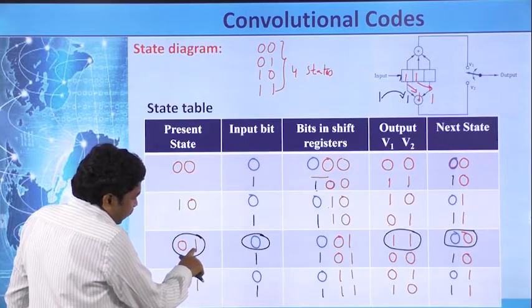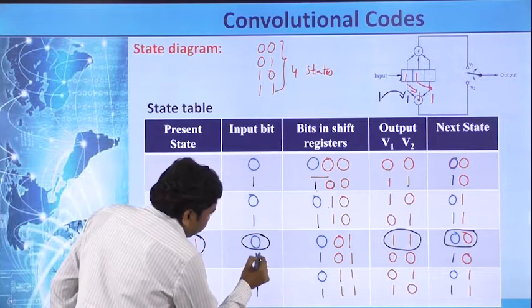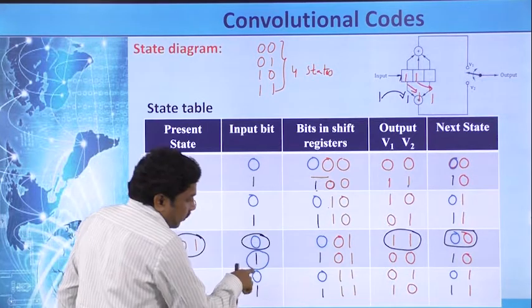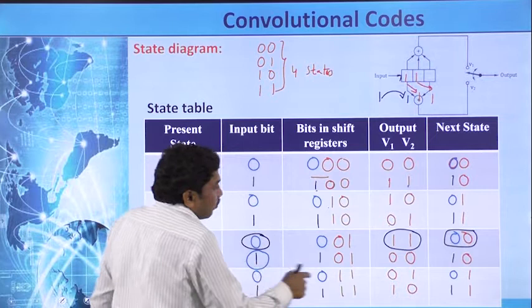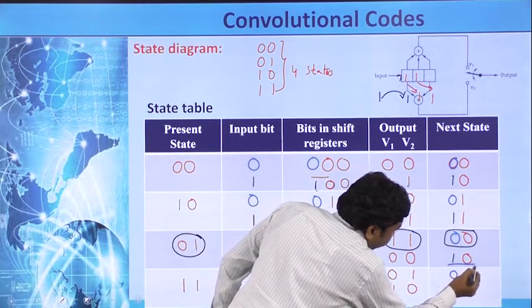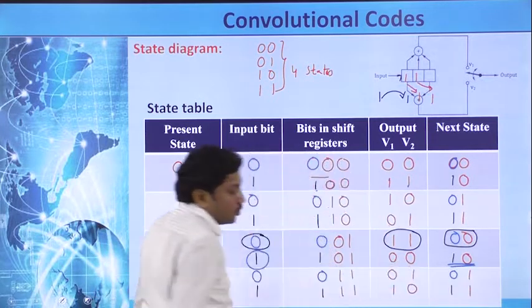Present state is 0 1. When the input is 1, it moves into 1 0 state with the output bits 0 0.